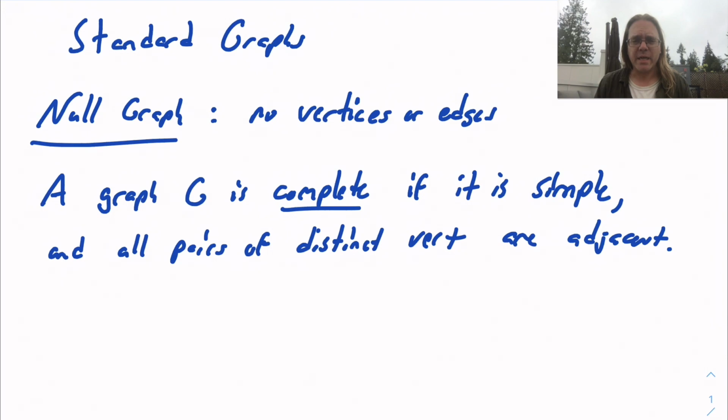A graph can be complete, but it's fairly easy to see that up to isomorphism there's only going to be one complete graph on n vertices, and we'll give a name to one of them for convenience. I want a name for one of these on n vertices. We'll use Kn to denote a complete graph on n vertices.